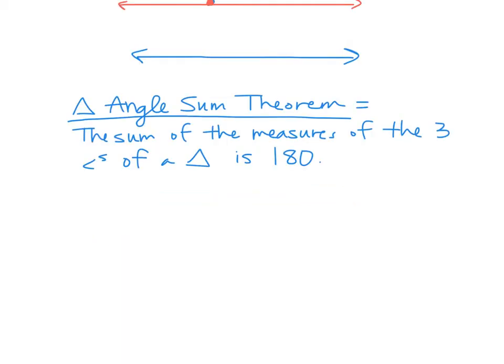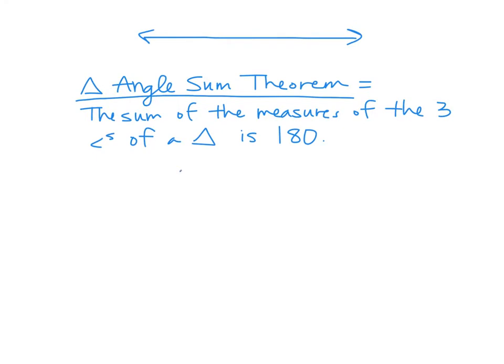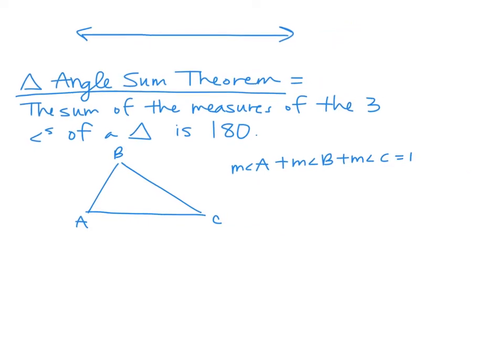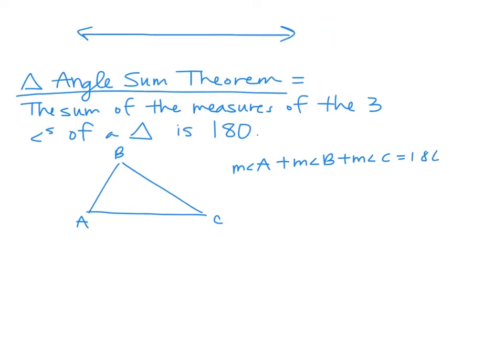So if I take a picture like this, for instance, and this is angle A, angle B, and angle C, then we would say the measure of angle A plus the measure of angle B plus the measure of angle C is 180.